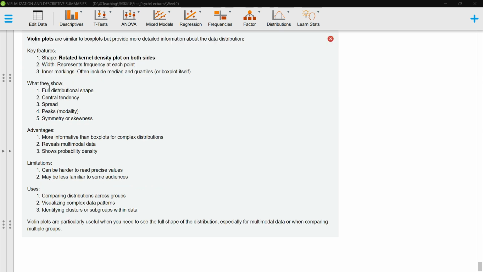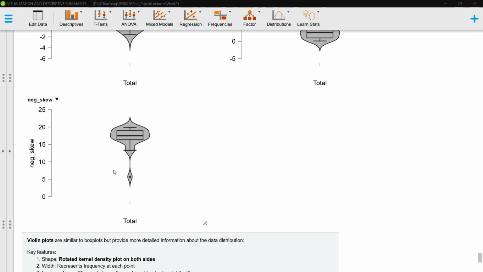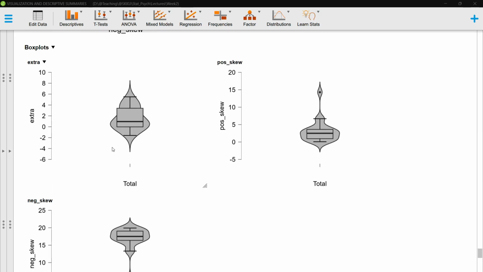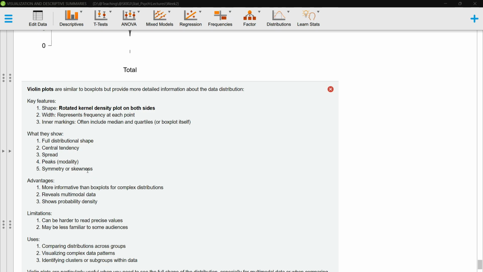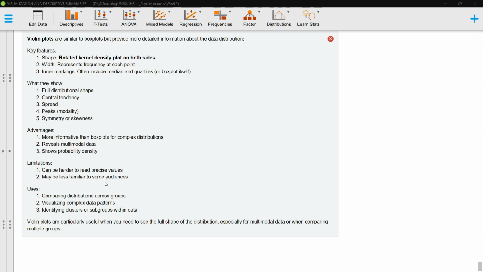The violin plot shows the full distributional shape, central tendency, spread, and peaks. The modality can be shown from the violin plot, but not from the box plot. You remember that. And the symmetry or skewness, we can see the symmetry or non-symmetry using the violin plot.